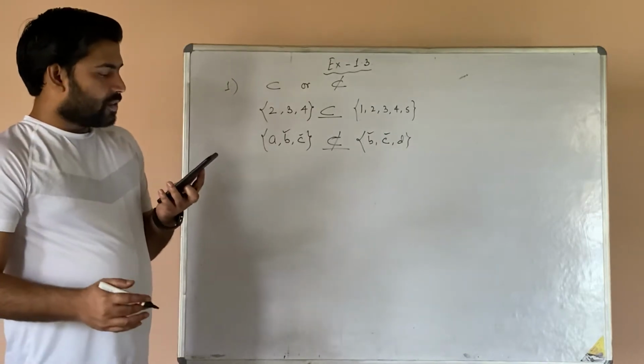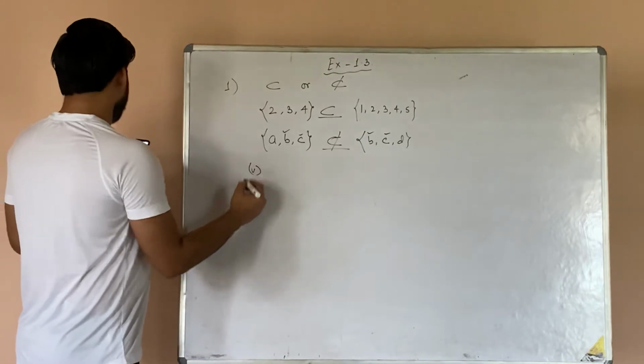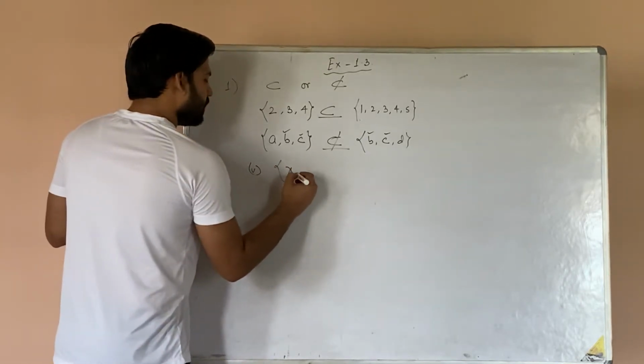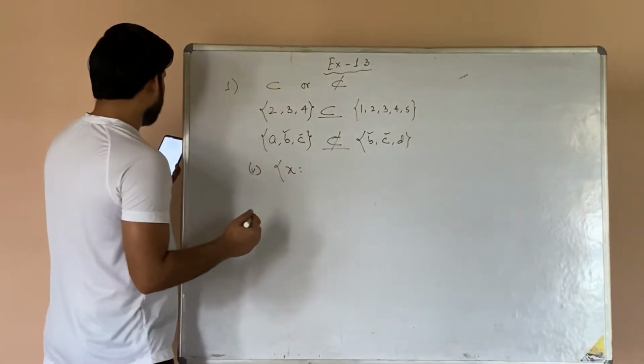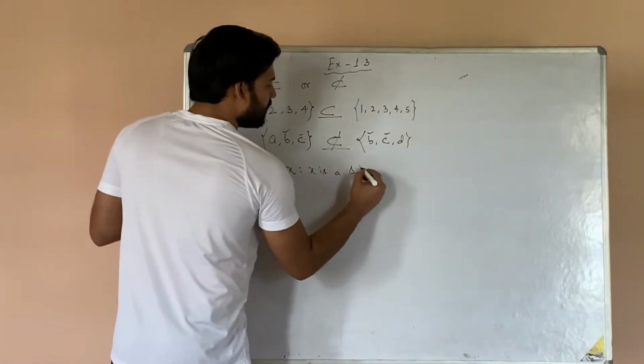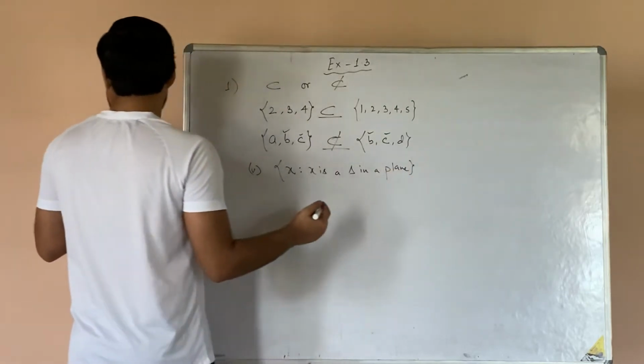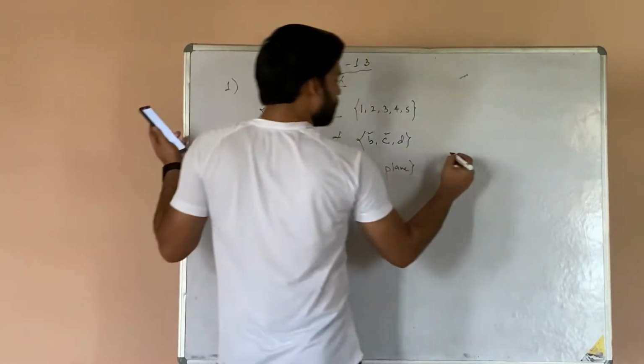Now one of the examples I can take over here is the fifth question: there is an arbitrary element x such that x is a triangle in a plane, and along with that they are giving x is a rectangle in a plane.